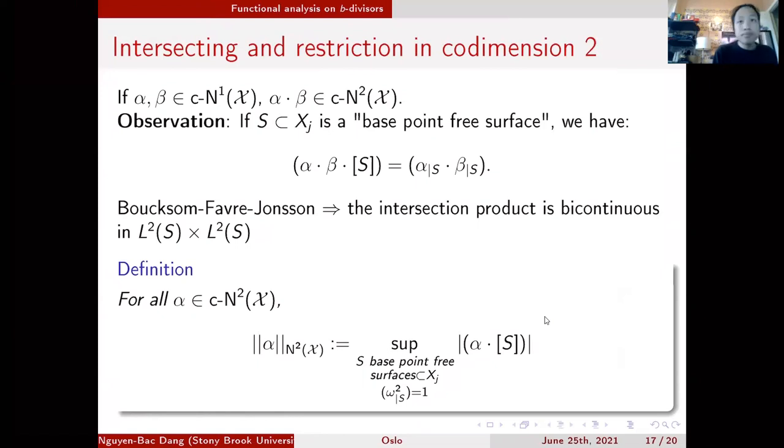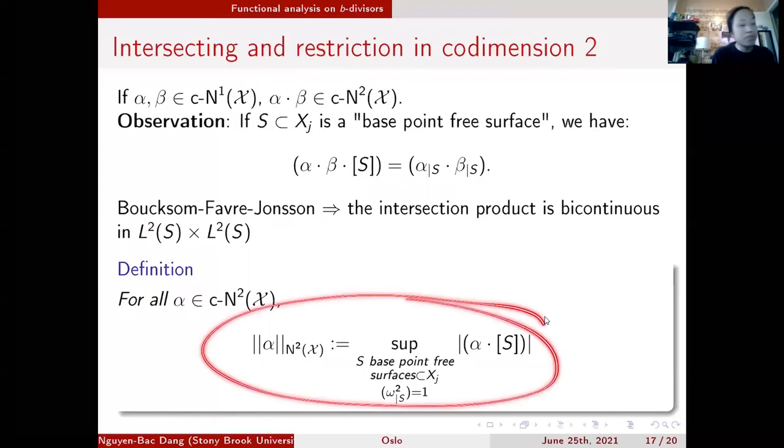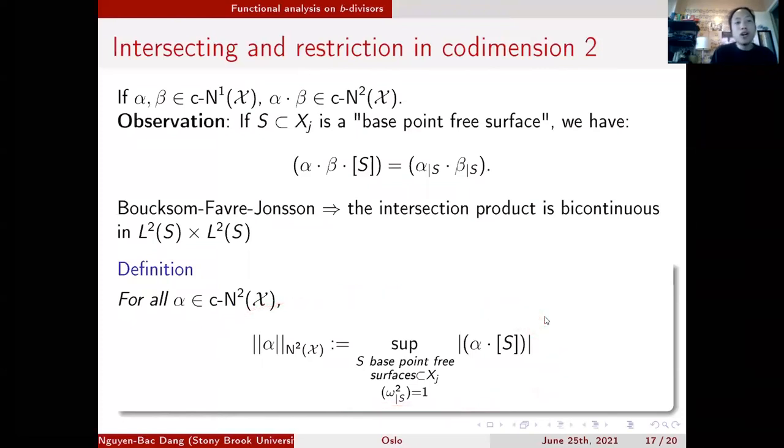Okay, I see. So how can you define a norm on N3? You can try to define basically the same type of norm. Take the space of all varieties V that are base point free, and intersect with V, and it gives you a number. And the problem is whether you can say something, whether you can study the pullback operator, the spectrum of the pullback.